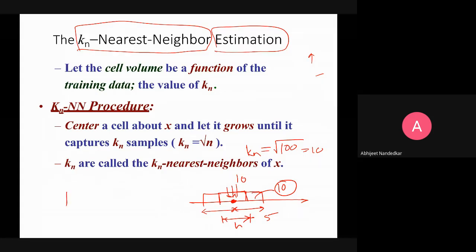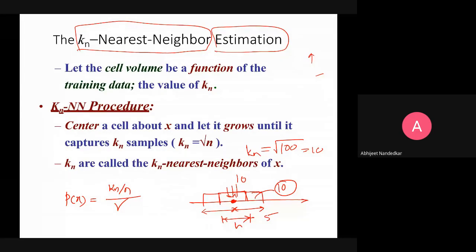Now the probability density at this point is, as usual, Kn by n divided by volume. If it is the n-dimensional case, it will be a volume. If it is the two-dimensional case, it will be just an area. If it is 1D, then it will be just a length.